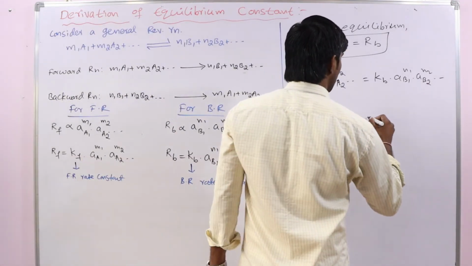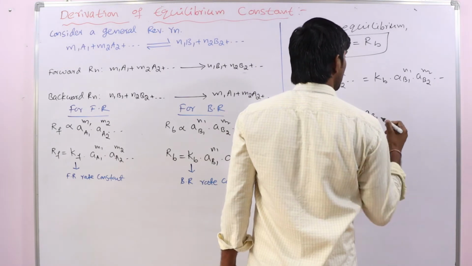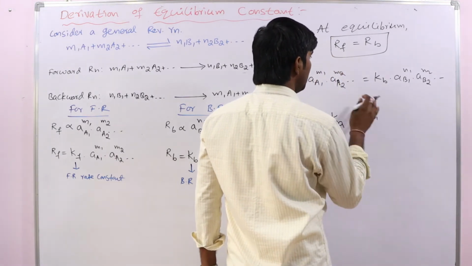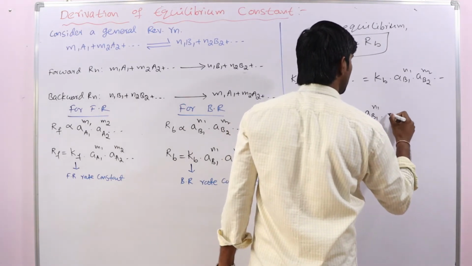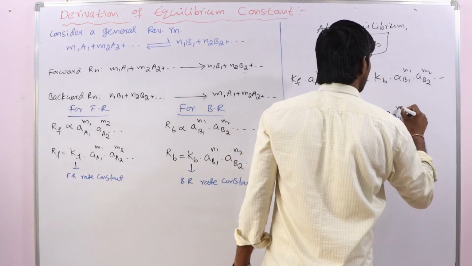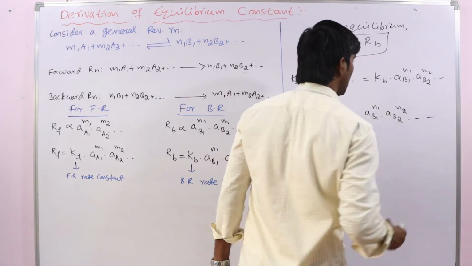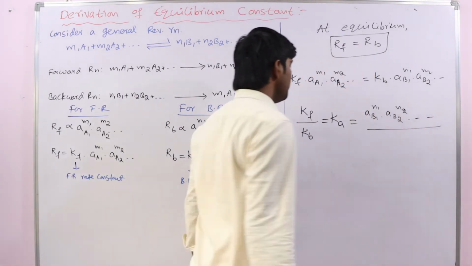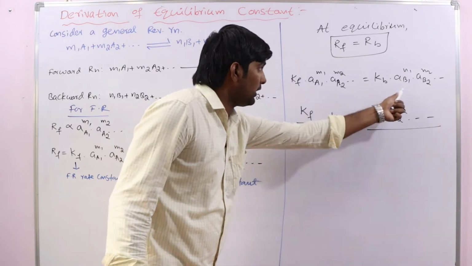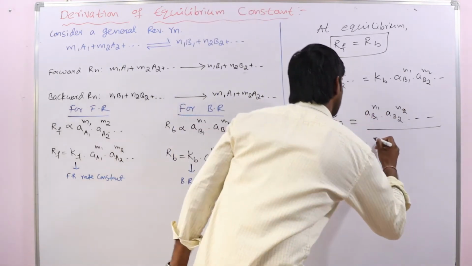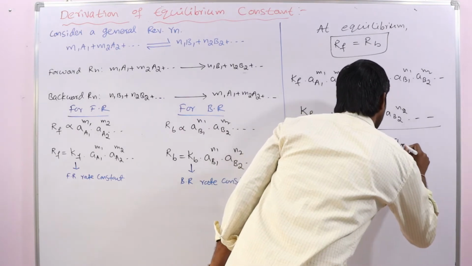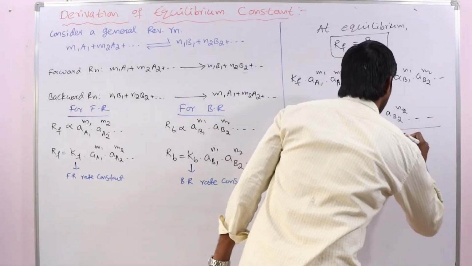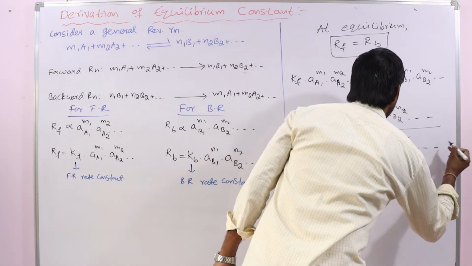So that is equal to the active mass of B1 whole power n1 into active mass of B2 whole power n2 and so on, divided by the active mass of A1 whole power m1 into active mass of A2 whole power m2 and so on.